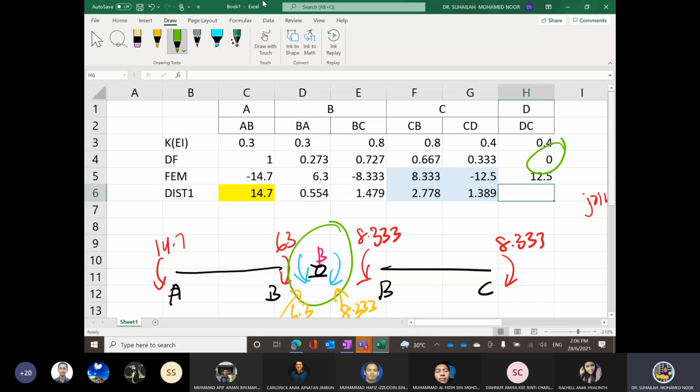Negative, yes, it is negative 12.5. The joint moment at D is negative 12.5. But this time, the distribution factor for DC is 0. And remember, we don't need to put 0 value in the table, so just leave it blank.